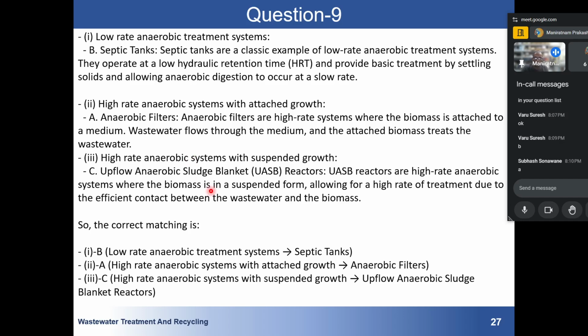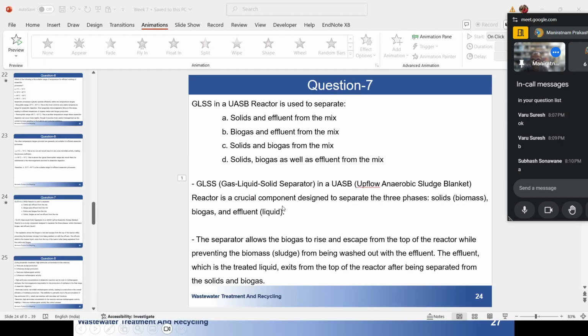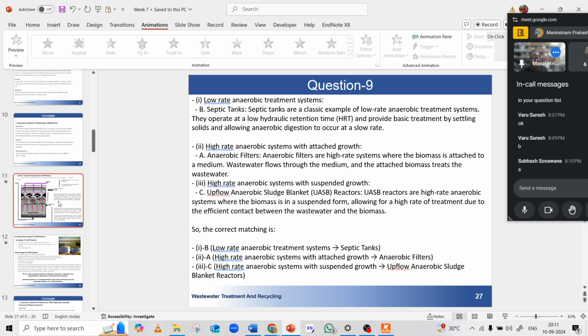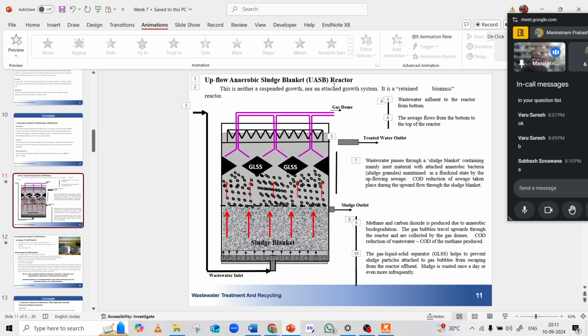What I mean by that is this UASB is not a suspended growth. Generally the growth is a retained biomass reactor. Suppose consider this as a compartment, so all the biomass are retained here.